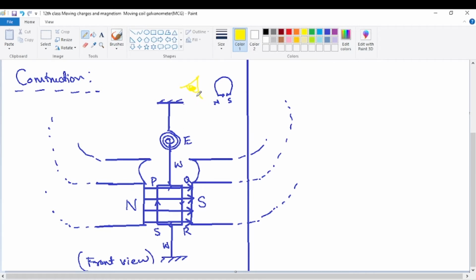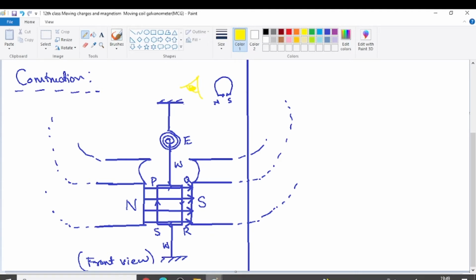From the top, if it is seen, one very important thing is that because they are cylindrical faces, both the north and south poles appear to form a circular shape from the top. It looks like this.